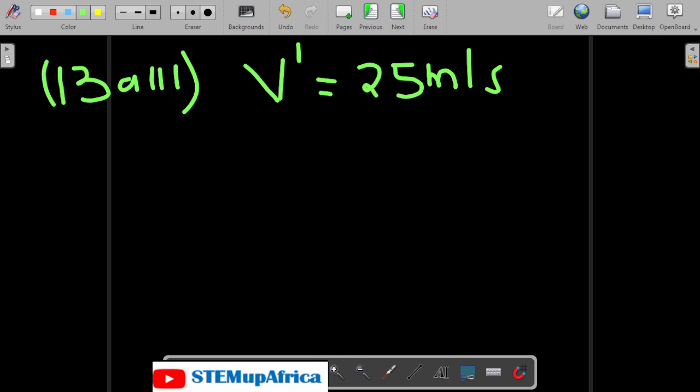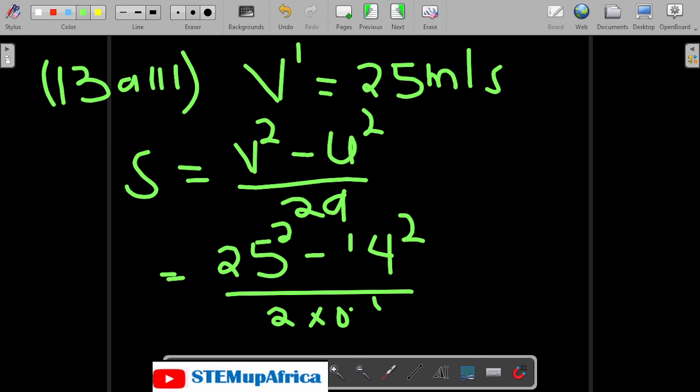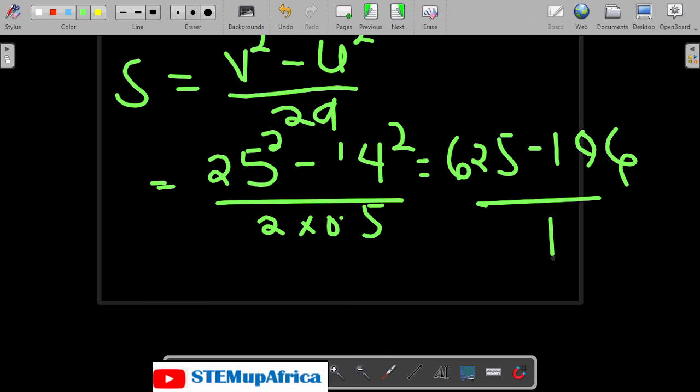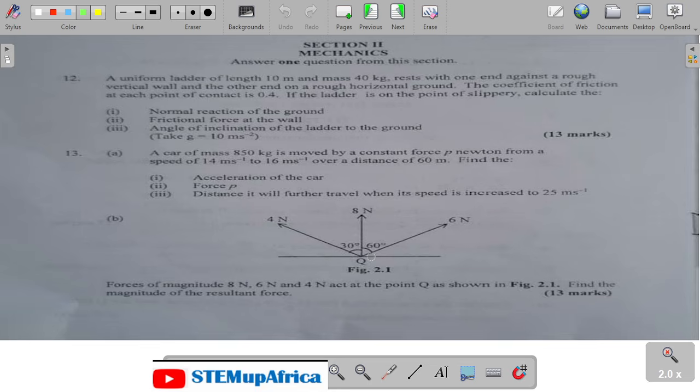The distance x from the third equation is v squared minus u squared over 2a, which is 25 squared minus 14 squared over 2 times 0.5. I'm having 625 minus 196 over 1. So x now is 625 minus 196, that will give us 429 meters. That is 13A.